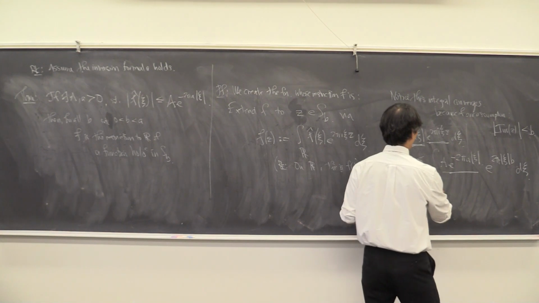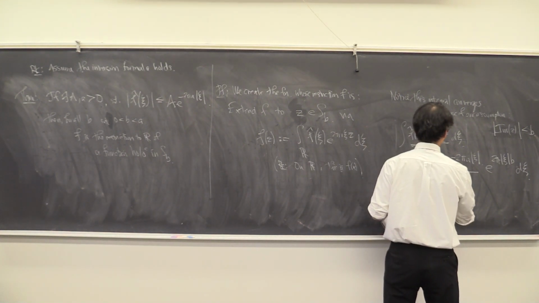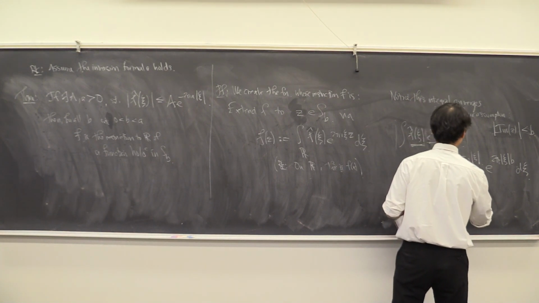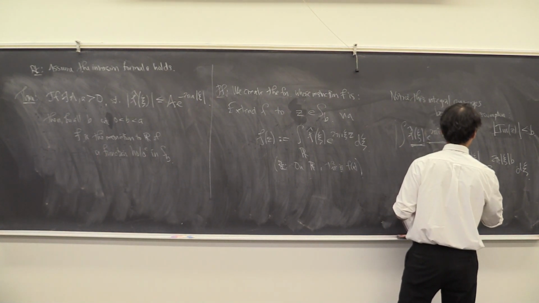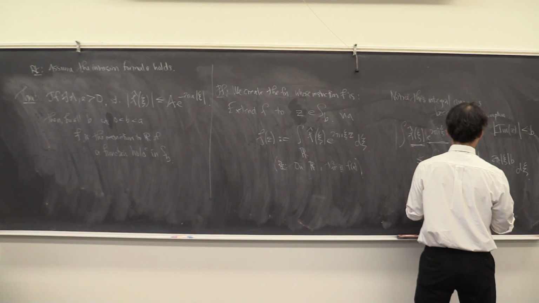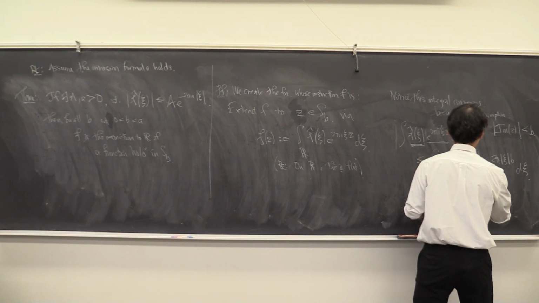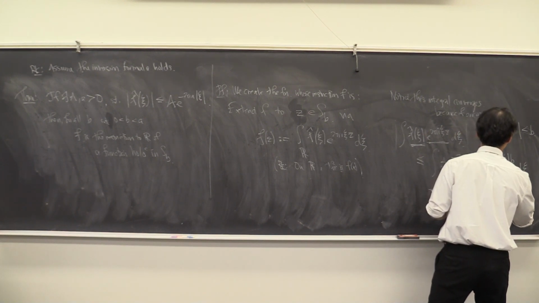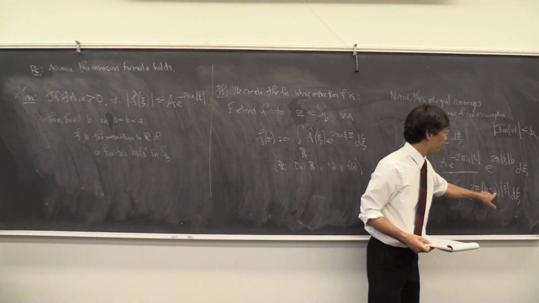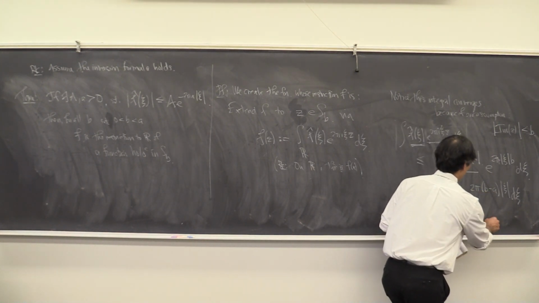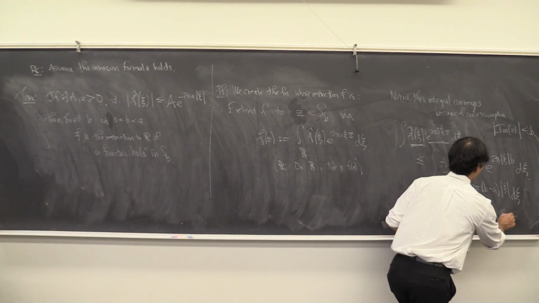But right, you get e to the 2 pi (b minus a) |c|, and a is bigger than b, so this converges.